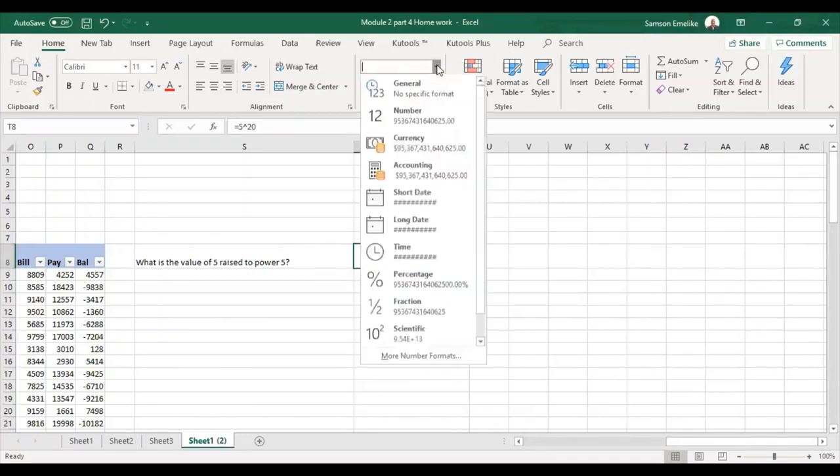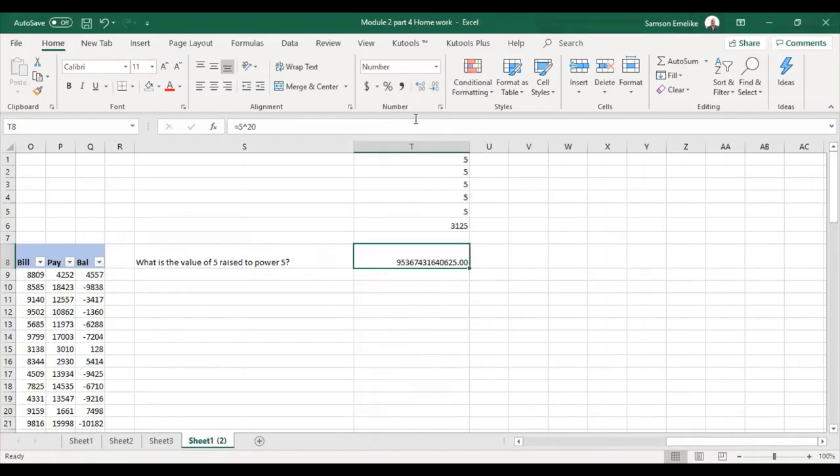So I simply come here, change it to number. To make this easy for me, I can put this comma so that I can separate to know whether this is a million or billion or trillion. This has helped me now to know. Remember this is 5 raised to power 20.